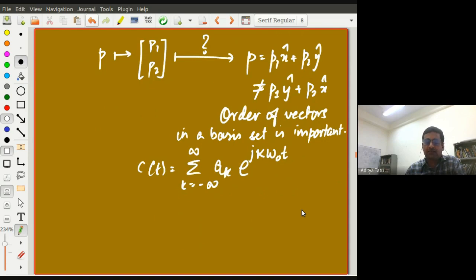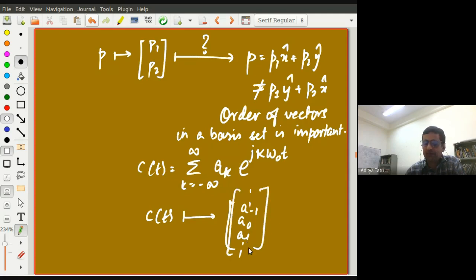And what this says is, if I want to convey this signal, I can convey it either this way or I give you the AKs. I hope this is familiar.